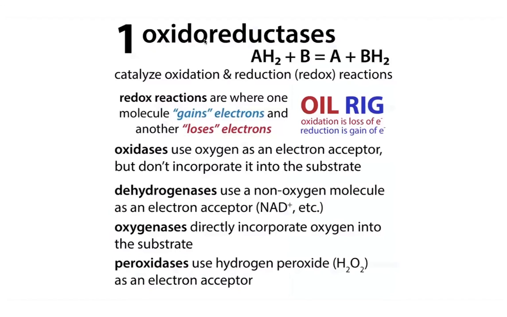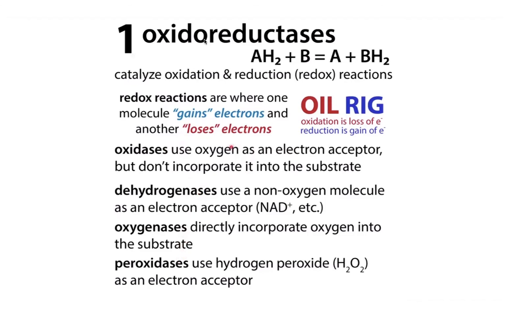In the case of an oxidoreductase, this is going to catalyze an oxidation or a reduction reaction. So remember our OIL RIG: oxidation is loss of electrons or electron density, and reduction is gain of electrons or electron density. Thankfully, with enzymes, the names often give away what type of enzymes they are. So we'll typically see words like oxidases, dehydrogenases, oxygenases, or peroxidases.